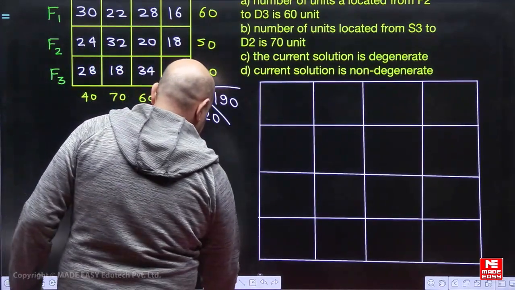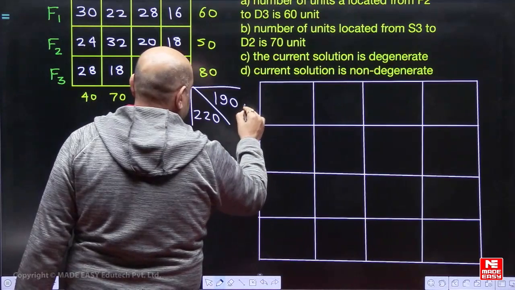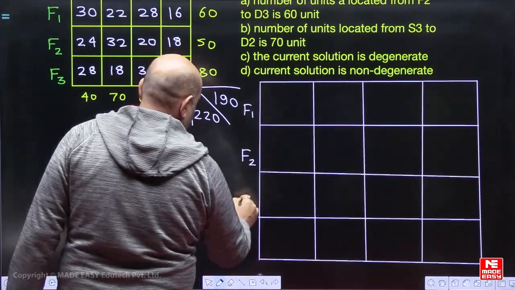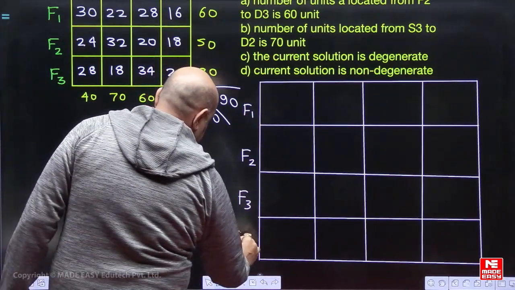See, I have made a slightly bigger matrix. Dummy factory, let it be F4.